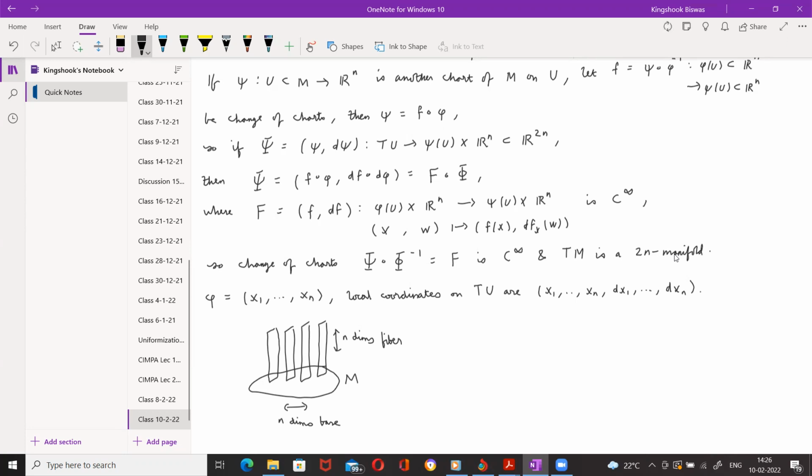So the base tells you, in a sense, if I look at a tangent vector, so this is a picture we'll be thinking about in more detail later in the course. Okay, so if I think of a tangent vector, you can think of it as having, in a sense, the base point. You can think of it as the foot of the tangent vector, and there's a head also.